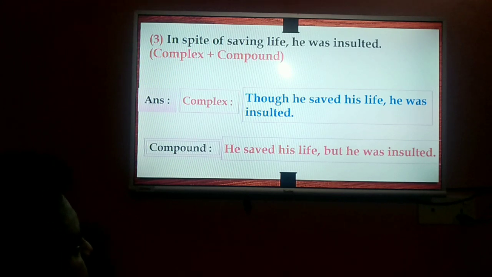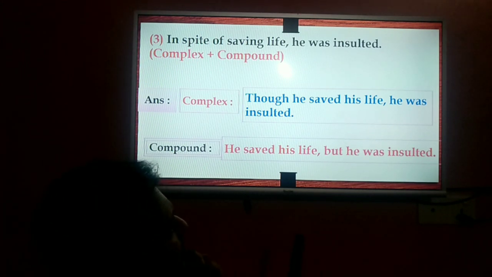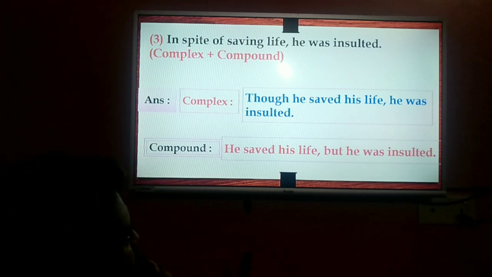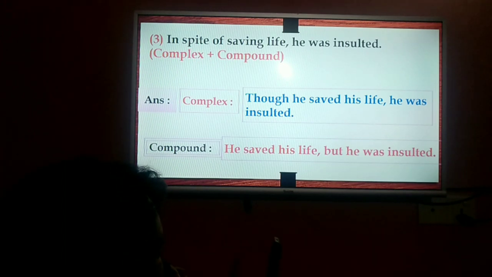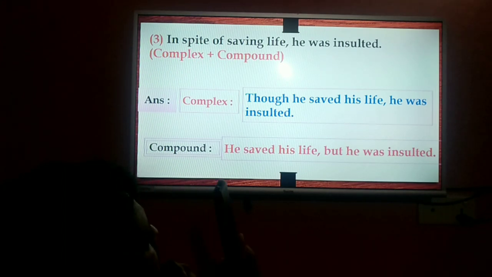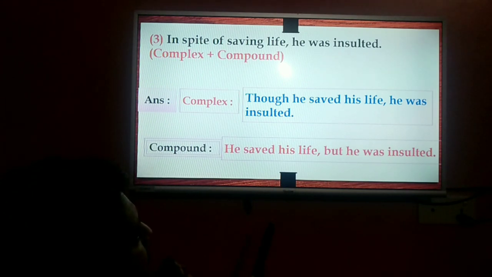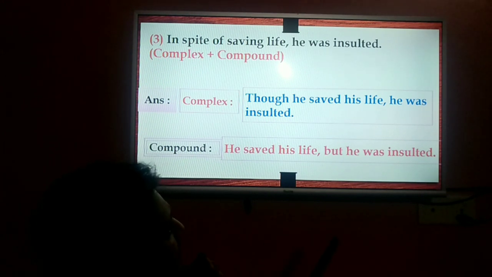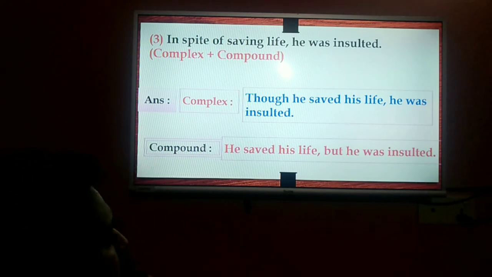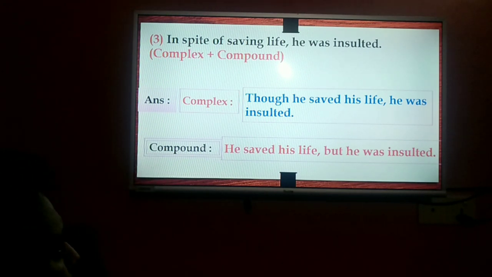Compound: He saved his life, but he was insulted. Here I can use but in place of though. He saved his life, but he was insulted. These two sentences are the same clause, that means principal clause or independent clause.